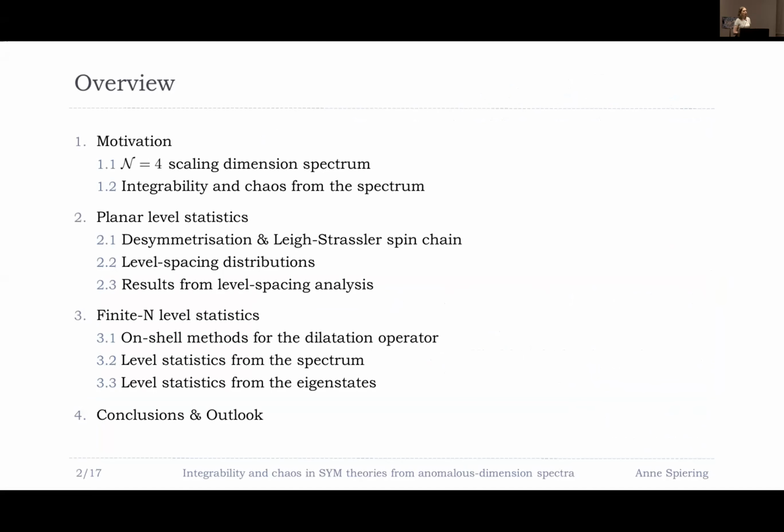And then I'll move on to planar theory, so spin chain models that are interesting in the planar limit of supersymmetric conformal field theories. I'll talk a bit about data preparation and then about the level statistics analysis that we performed. And then I'll move on to non-planar spectra, and there I'll first discuss a few on-shell techniques that we used, and then also the level statistics analysis that we performed.